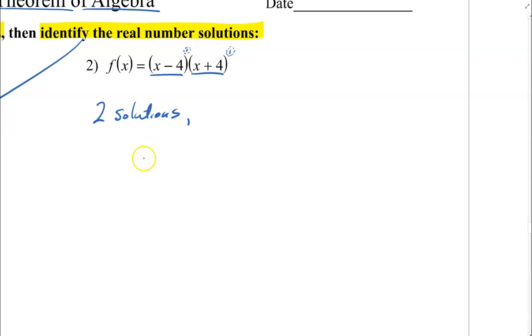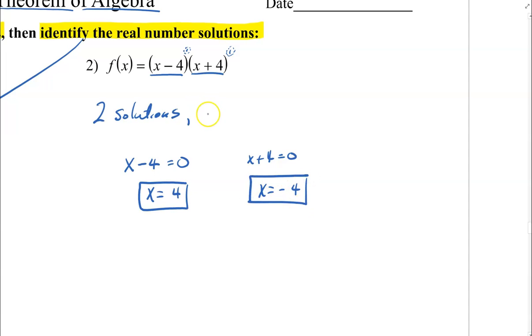You might be able to tell if they're real or not, but a good practice would be to set each factor equal to 0 and then solve. So in this case, x is 4, a real number, and x is equal to negative 4, another real number. So we can come back here and say that there are 2 solutions. Both are real number solutions.